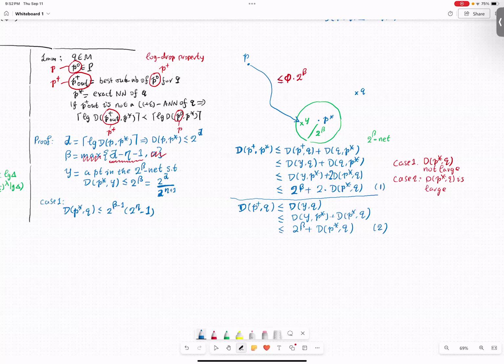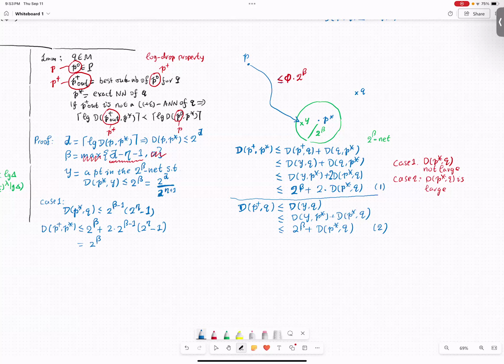If this is true, we can derive from 1 that d(p+, p*) is bounded by 2 to the power of beta, plus 2 times 2 to the power of beta minus 1, and then 2 to the power of eta, minus 1. Let's work out the terms carefully.